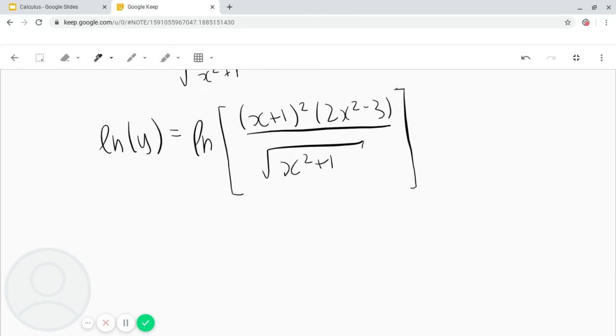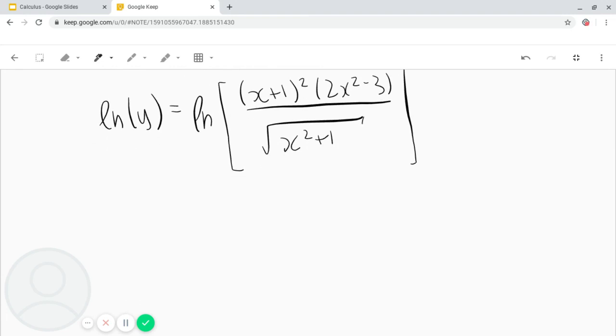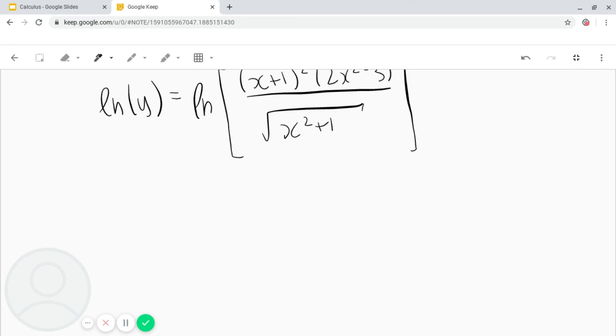Then we can use log laws to simplify the right side.